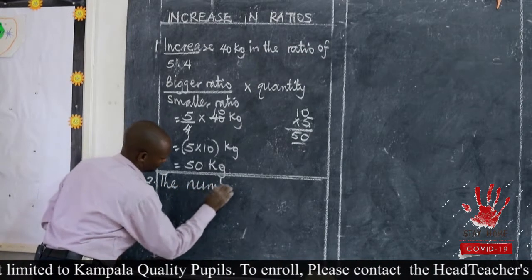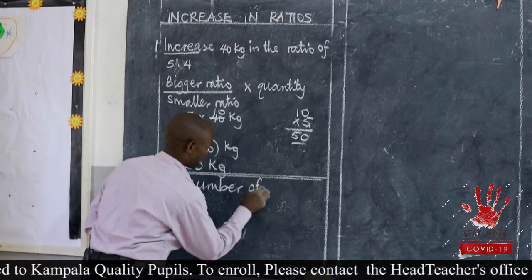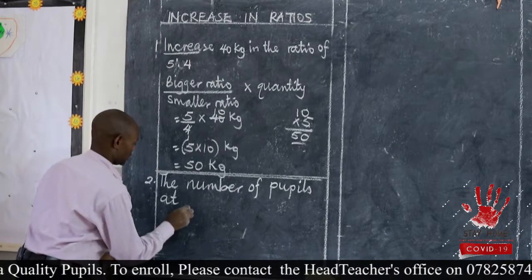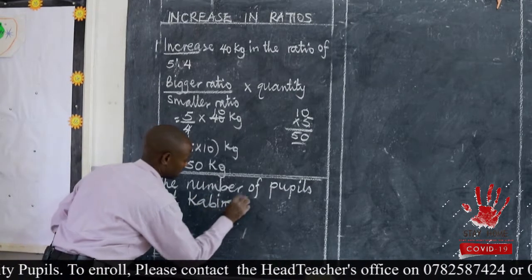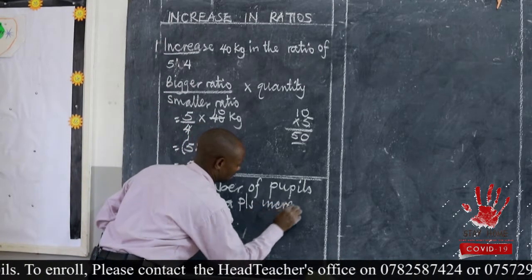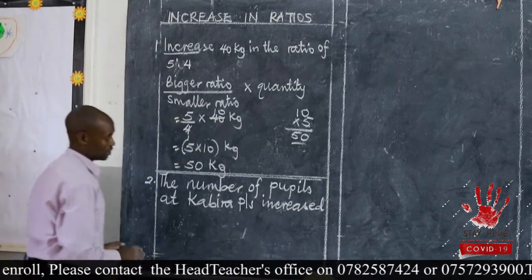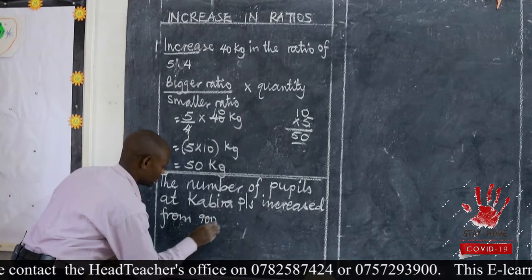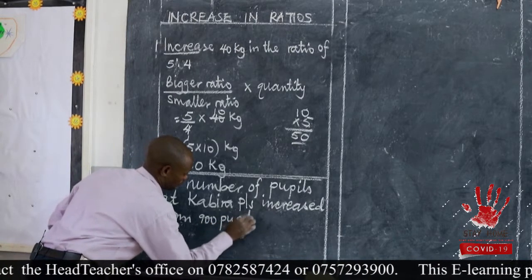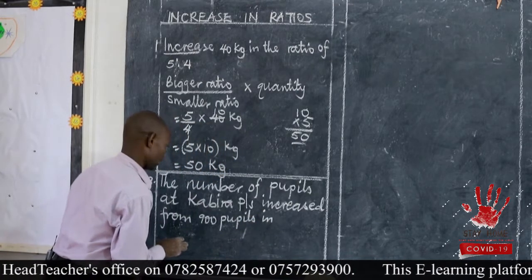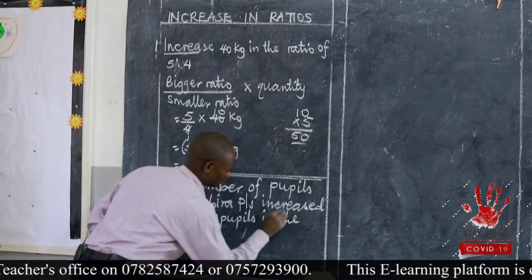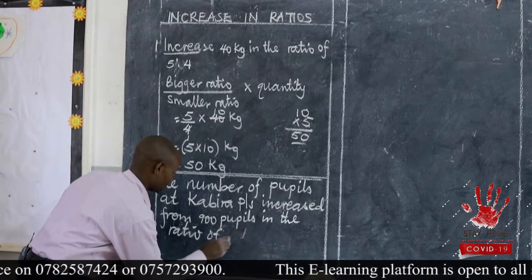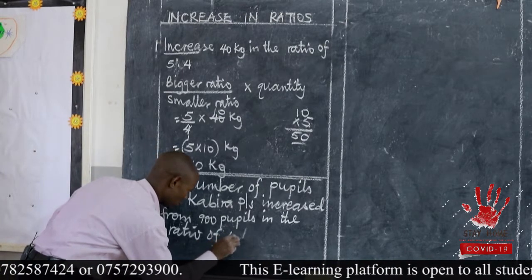The number of pupils at Kabira Primary School increased from 900 pupils in the ratio of 4:3.